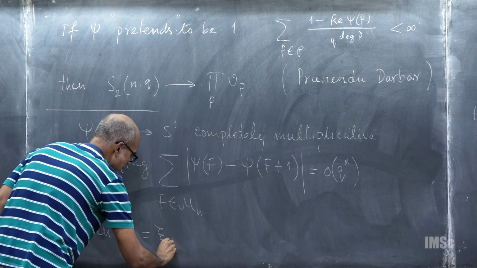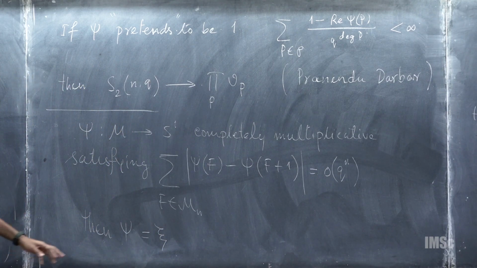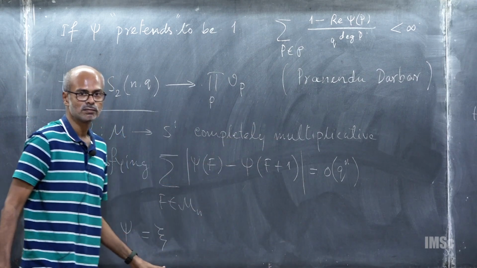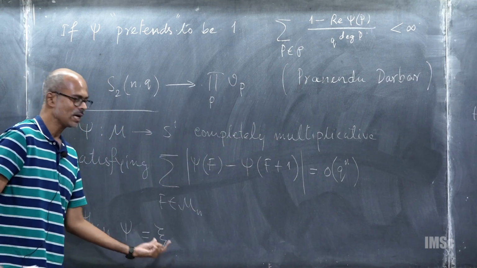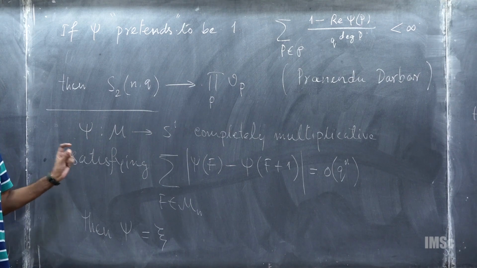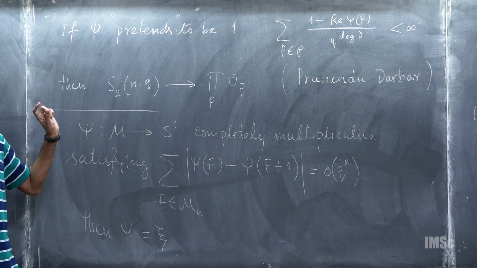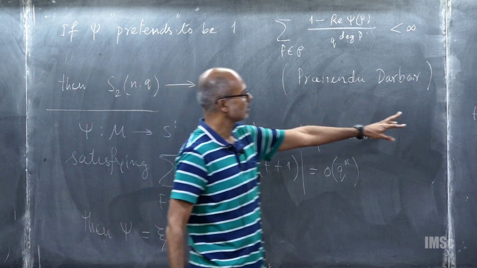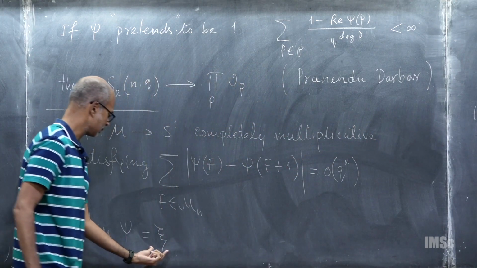This is a Hess character. They are replacements of Dirichlet characters. This has a Dirichlet part plus another part called the short interval character.